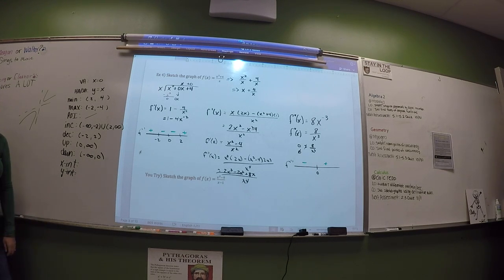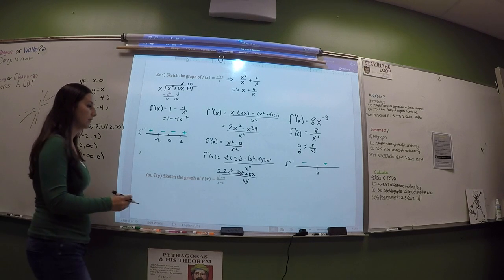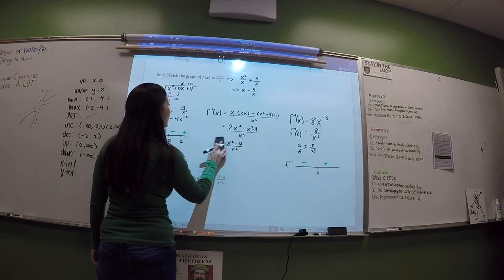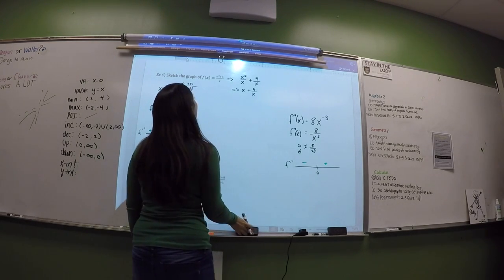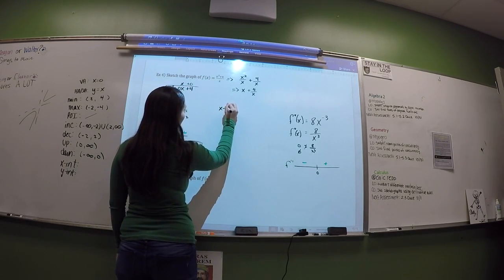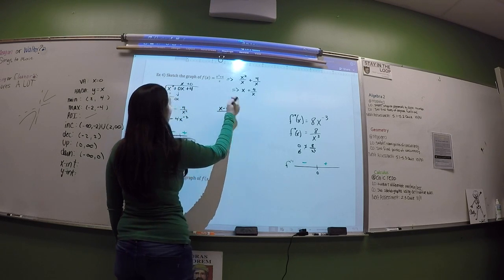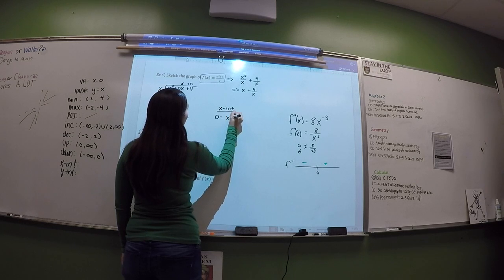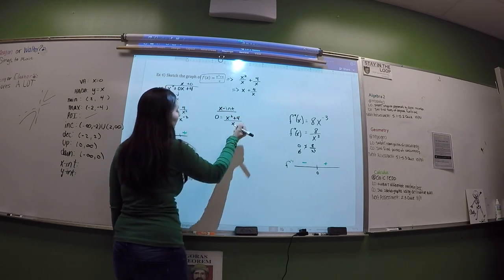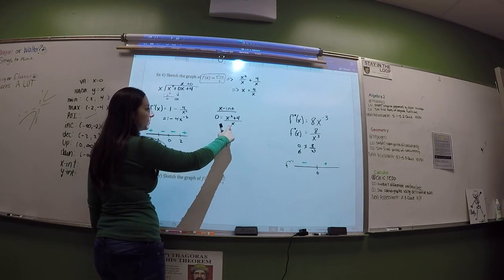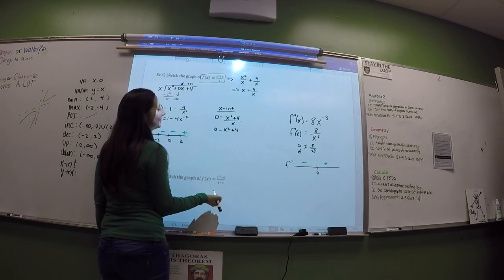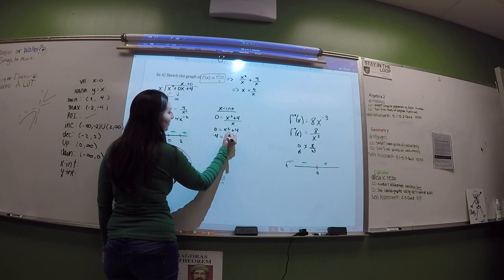And then the last couple things are your intercepts. So your x-intercept, you're going to take your original function, and you're going to let y be 0. So if you multiply by x, subtract your 4.